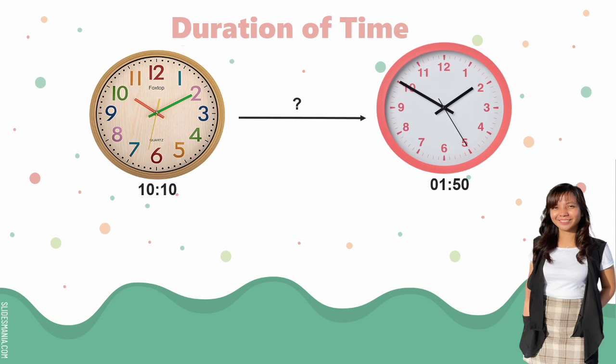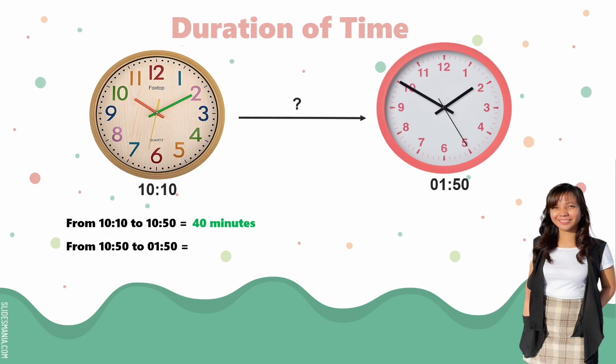So to get the duration of time from 10:10 to 1:50, first from 10:10 to 10:50, because 10 and 50, we need to get the difference of the minutes. So it's 40 minutes, right? From 10:10 to 10:50, the difference is 40 minutes.